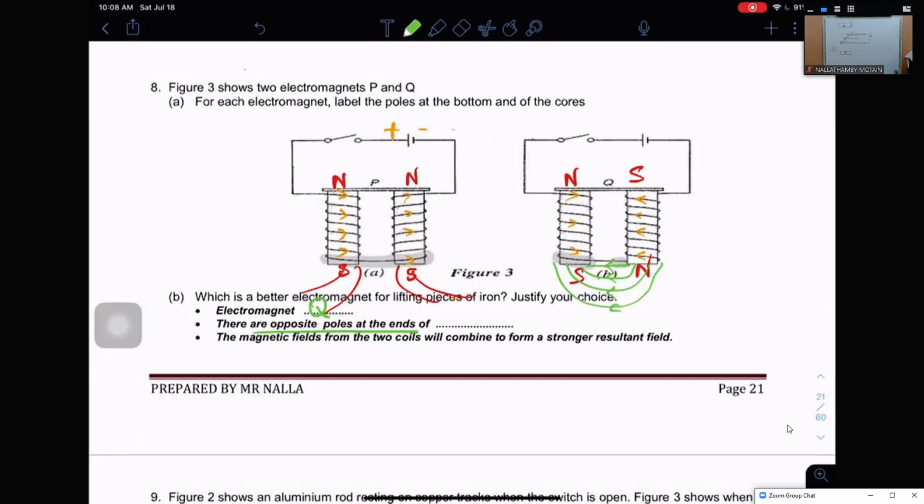End of electromagnet or soft iron also can. End of core or coil, or electromagnet. And then the magnetic field from the two coils combine to produce what? Strong resultant magnetic field or resultant field.